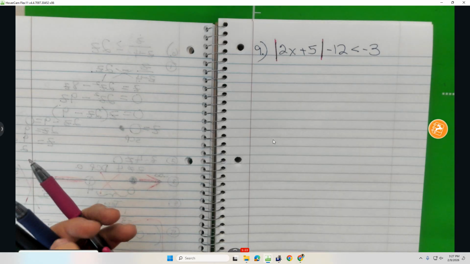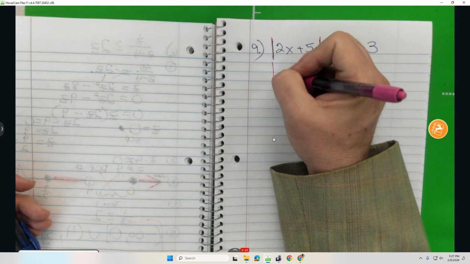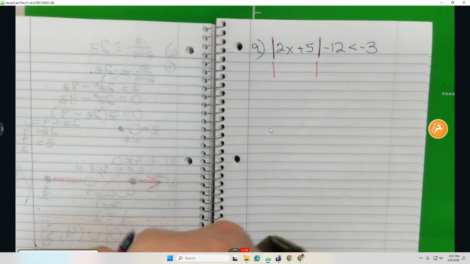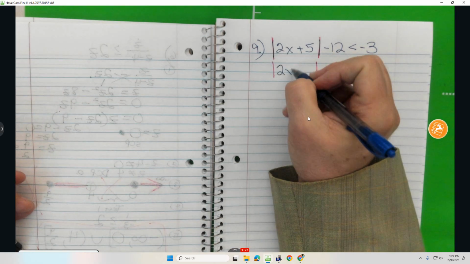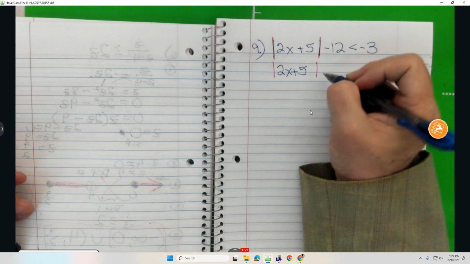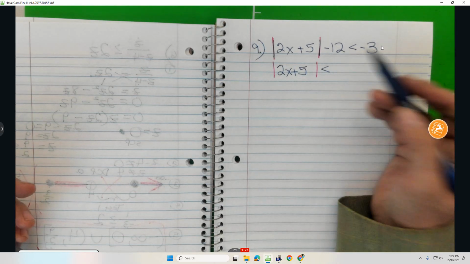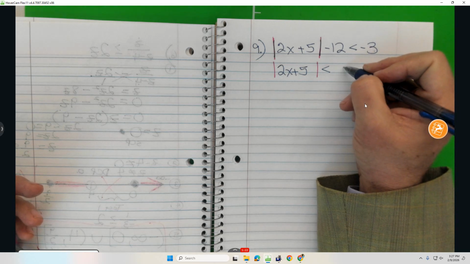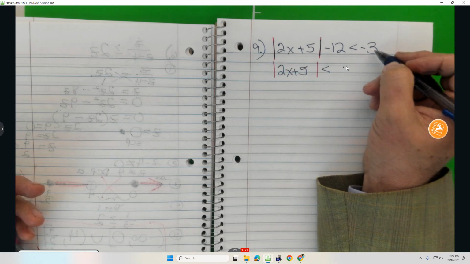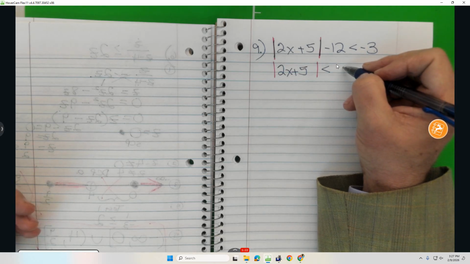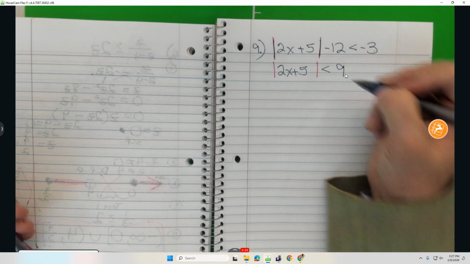I'm going to move that 12 over by adding it to give me the absolute value of 2x plus 5 is less than negative 3 plus 12 gives me a positive negative 3 plus 12. It's not a trick question. 9, okay.